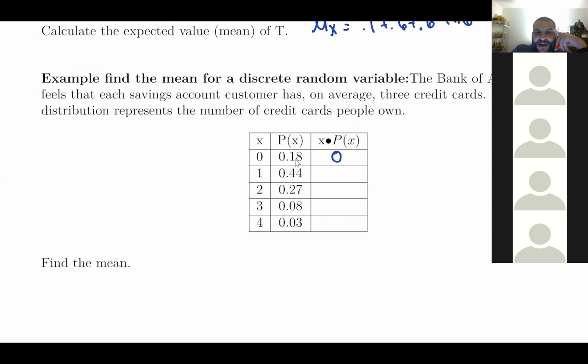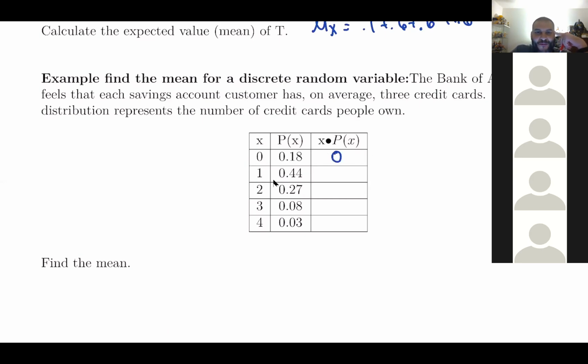So if we have 100 people, 18 people don't have a credit card. So I'm going to be getting 0 and then another 0. If you do 0 plus 0 plus 0 plus 0, you get 0. That's why whenever x is equal to 0, this will always be 0.